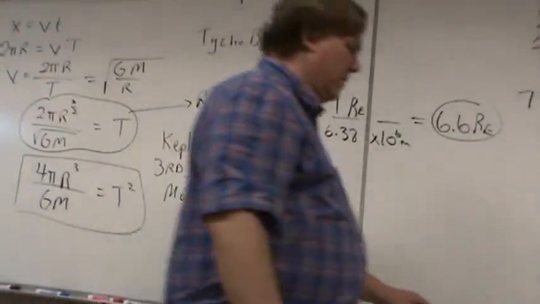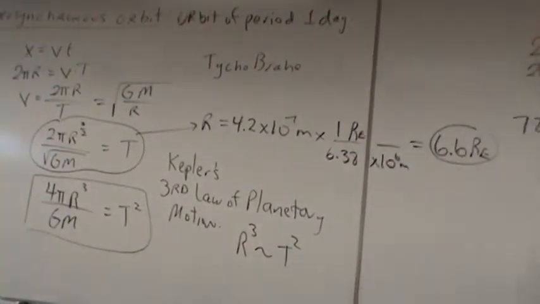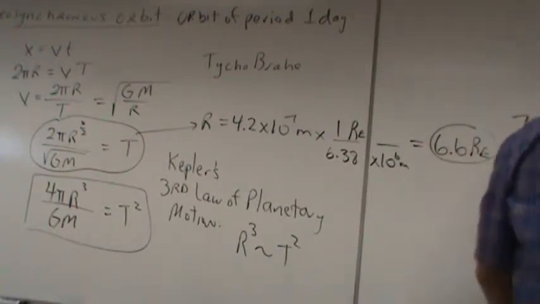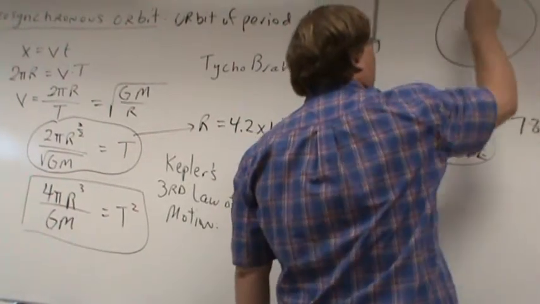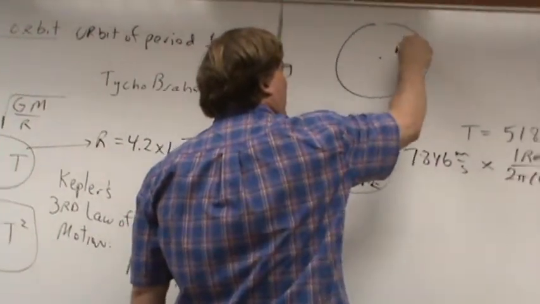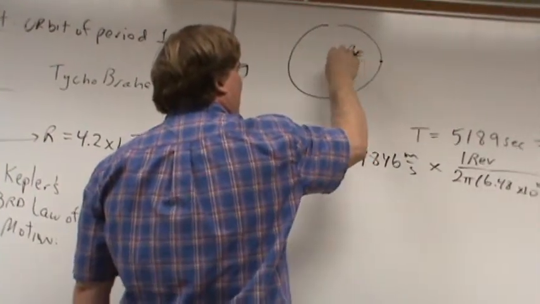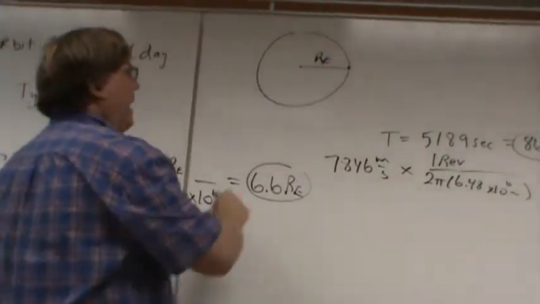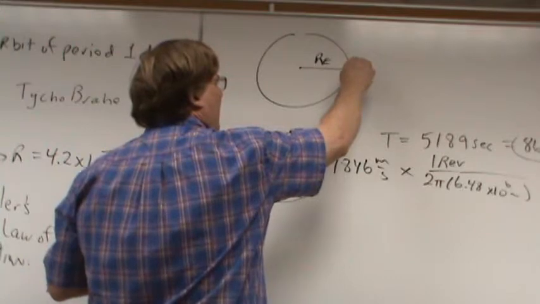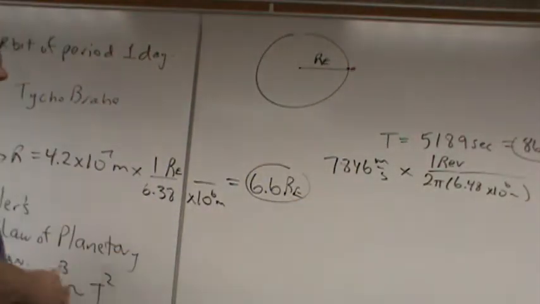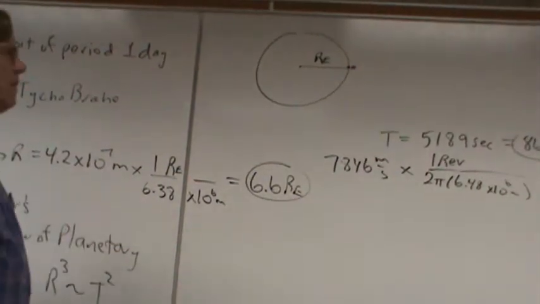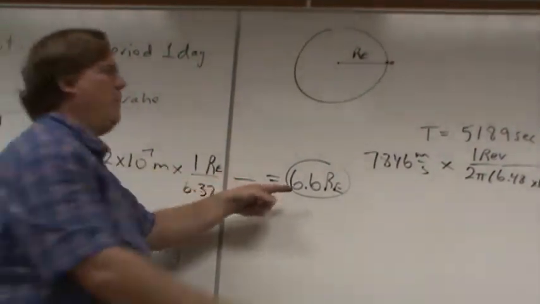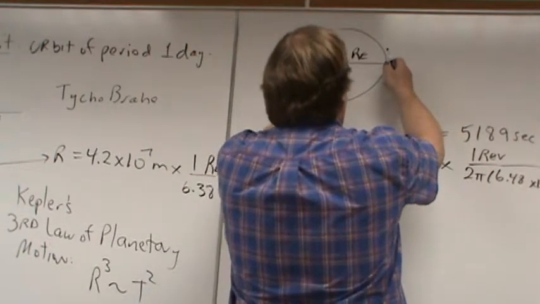So it turns out, if this is the Earth, and this is 1 Earth radius from there to there, and you've got your spy satellite that's right here with its period of approximately 90 minutes, then your DirecTV satellite is going to be 6.6 Earth radii away from the center.